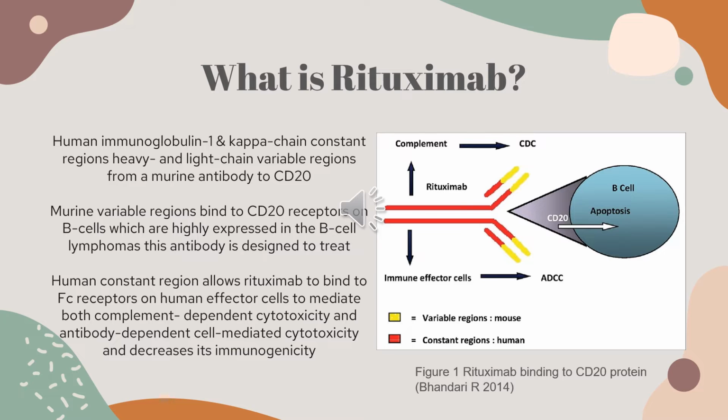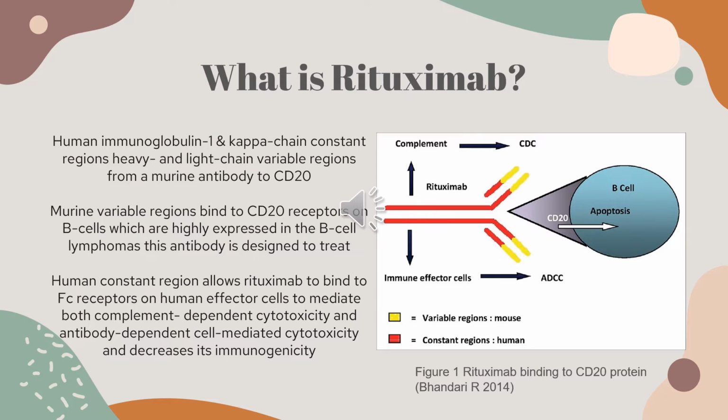The chimeric structure of rituximab comprises human immunoglobulin 1 and kappa chain constant regions and heavy and light chain variable regions from a murine antibody to CD20. The murine variable regions selectively bind to the CD20 antigen expressed on the surface of both normal B lymphocytes and B-cell lymphomas.